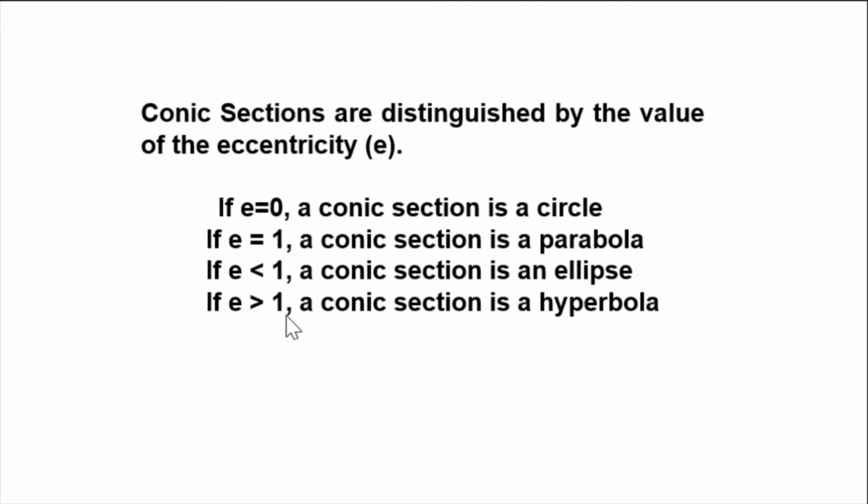And if e is greater than 1, a conic section is a hyperbola. Okay, so, pag inaral natin to isa-isa class, we will compute the eccentricity for each type of conic section kapag familiar na tayo sa mga different equation ng conic section natin sa next lesson natin.